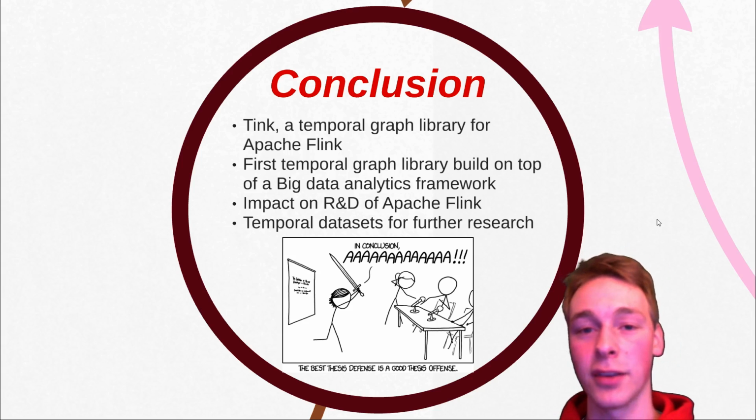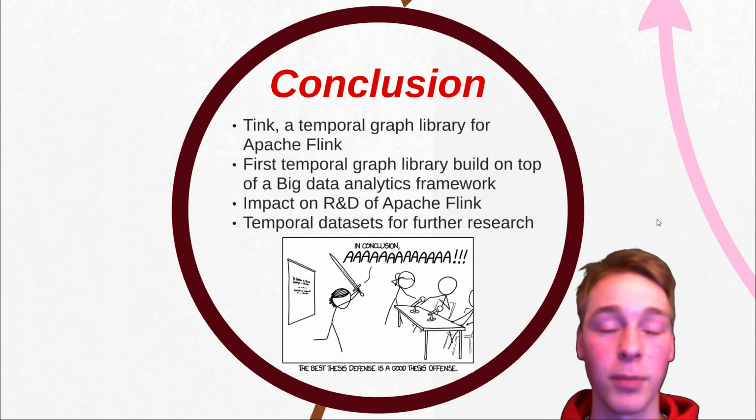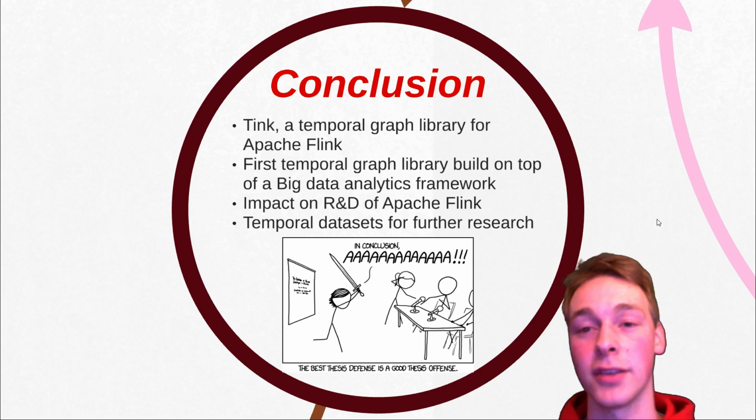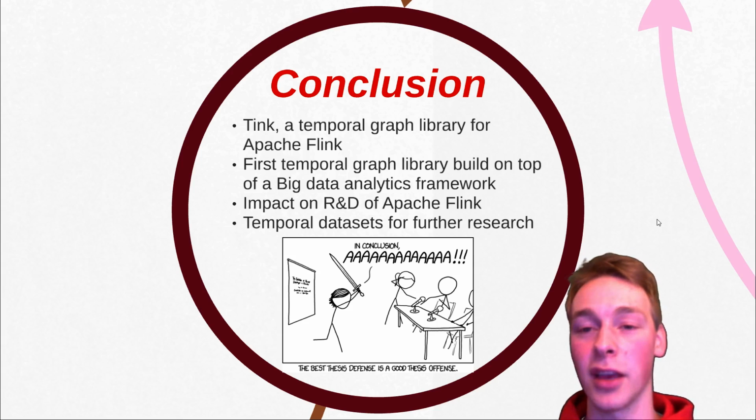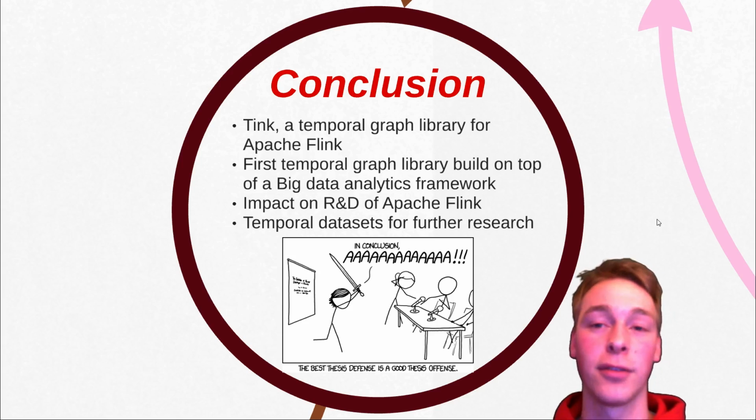Tink had a great impact on the recent development of Apache Flink, as I just discussed, with the bugs that were fixed and the suggestions that were added to it. And during the work, several temporal datasets were created for further research.